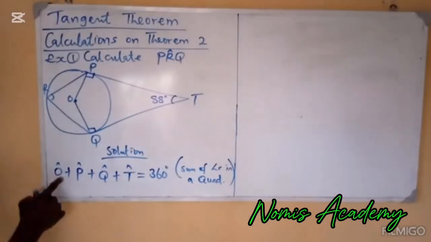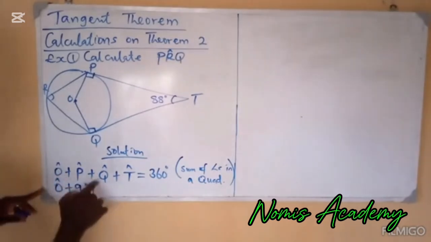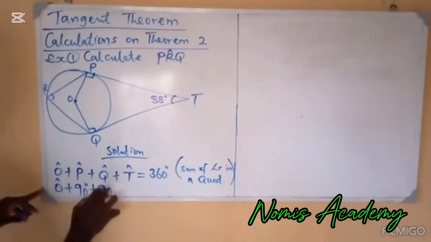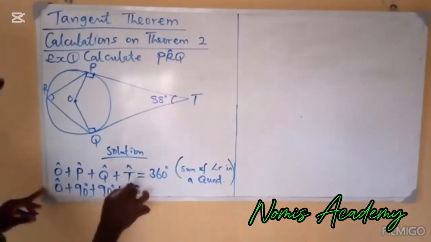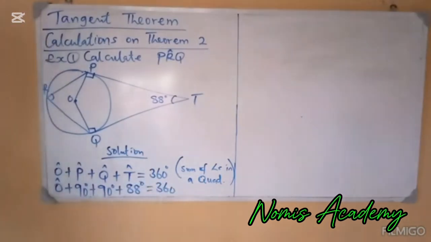So angle at O is what we are going to be looking for. Angle at P is 90 degrees. Angle at Q is 90 degrees. Then angle at T is 88 degrees, equal to 360 degrees.